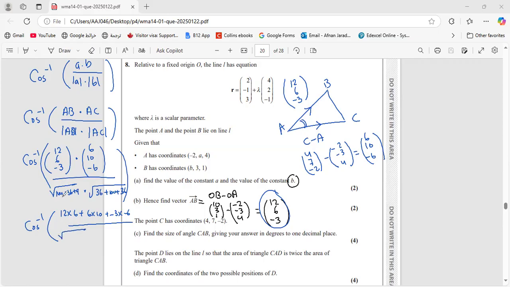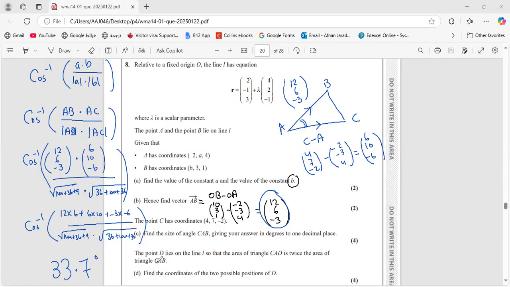The final answer is 33.7 degrees. 33.7 degrees is the size of angle CAB, to one decimal place.